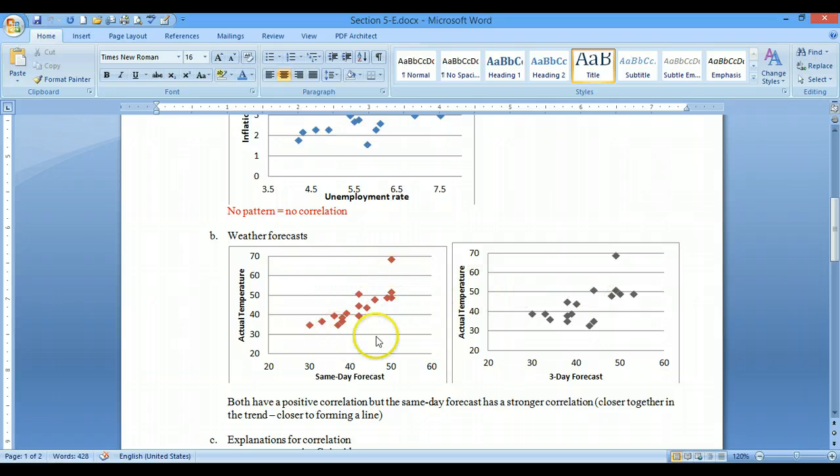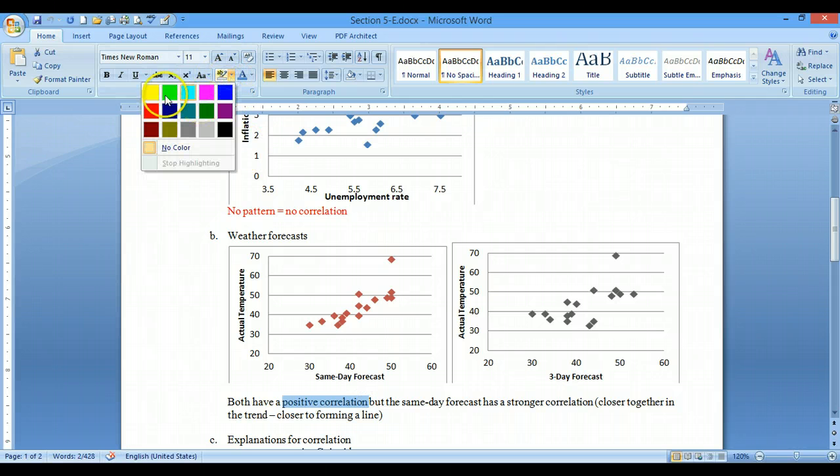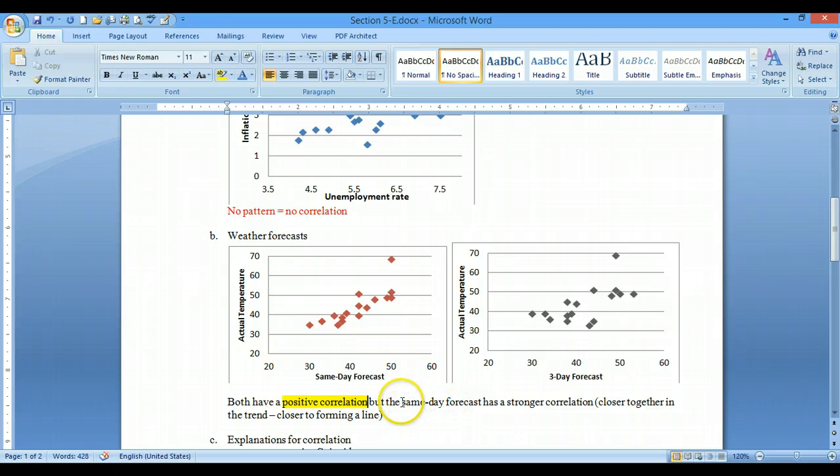However, this one is definitely a stronger correlation than the 3-day forecast. And so I'm going to go ahead and put positive correlation as my answer and highlight it. And that the same-day forecast has a stronger correlation.